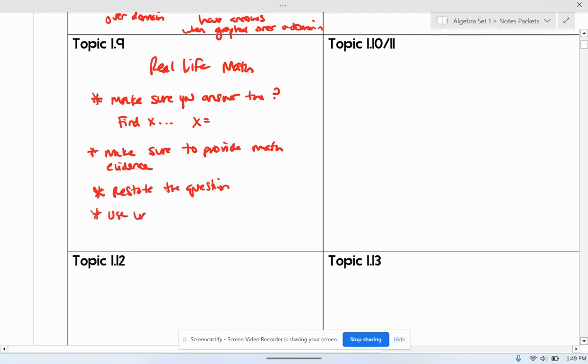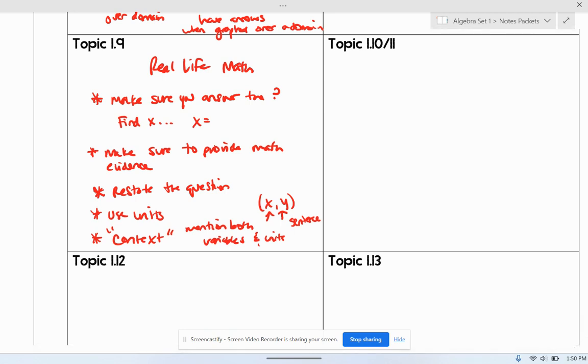Use units. And if you're explaining something in the context of the problem, you need to mention both variables and their units. Write the point first. Explain what each variable stands for, then write your sentence. When time equals 5, the height of the ball is 20 feet in the air. Something like that.